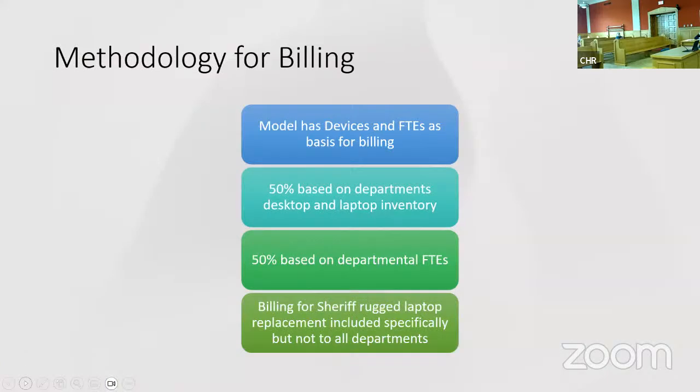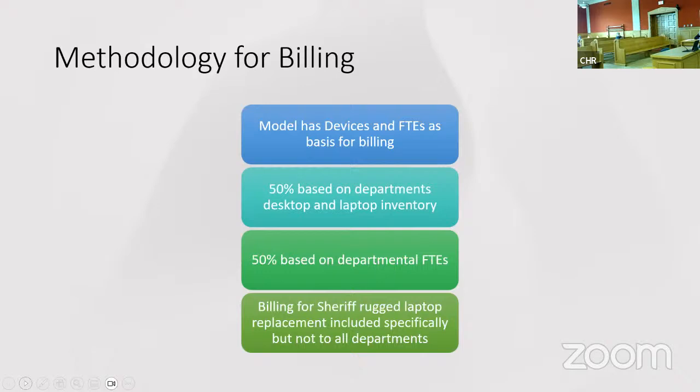The methodology is pretty simple. It's basically looking at number of devices and FTEs for the county by department. 50% of the allocation is based upon the department's devices, basically their desktops and some laptop inventory. It does not include tablets and things like that, because those are not inventoried.